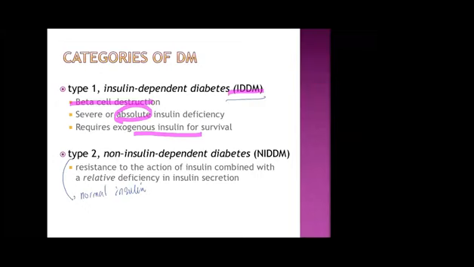But the problem in type 2 DM are the insulin receptors, in which these are already non-responsive or they are said to be resistant. So I guess na naintindihan na natin yung resistant insulin receptors as I've discussed earlier. Ito yung mga receptors na nire-reject na ang insulin kaya nade-defeat ang effect ng insulin kahit pa ma-secrete siya from the beta cells.